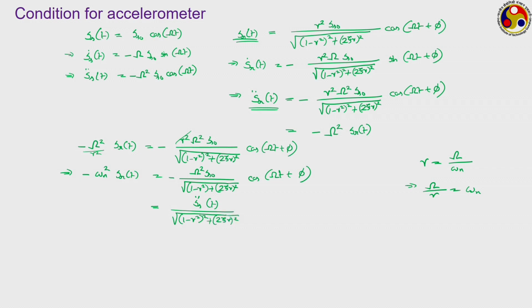Here this omega square S_S0 we are replacing using this equation, or minus omega square S_S0, into cos of omega t plus phi by cos of omega t.